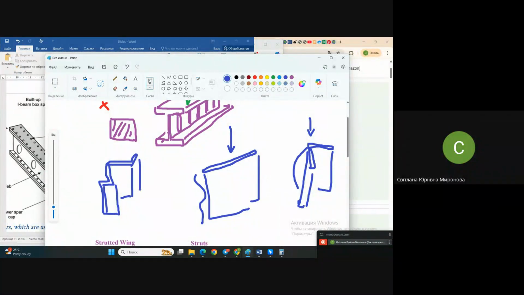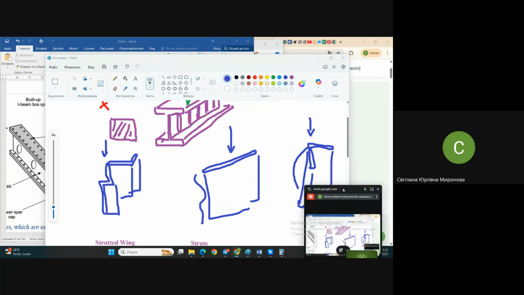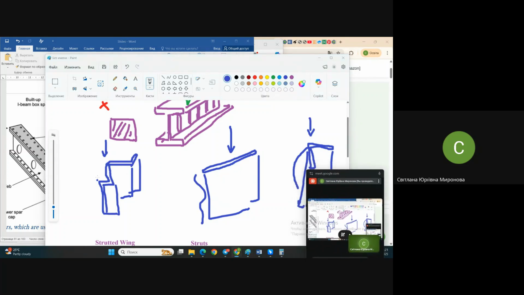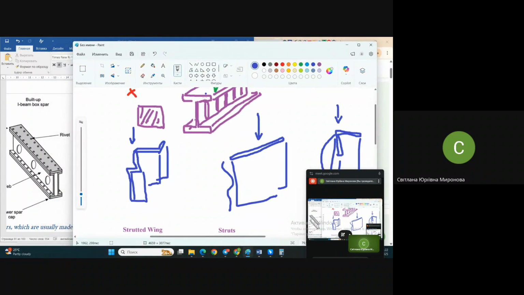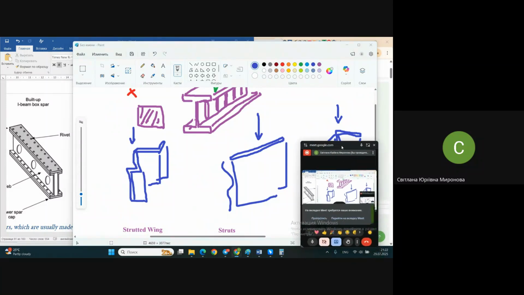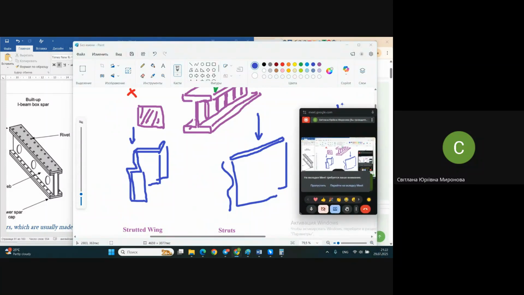It doesn't buckle. This changing of cross section, with the same area of cross section but changing the shape of cross section, is a very interesting effect, and in aircraft strengths as a science, they study those cross sections to understand.